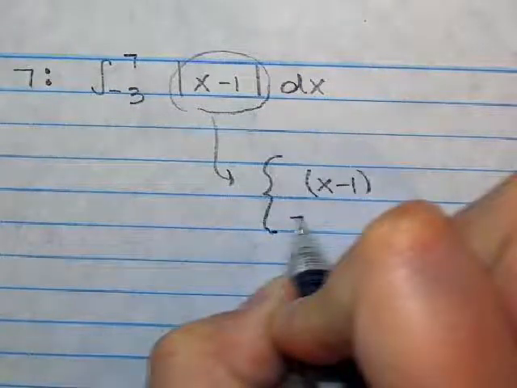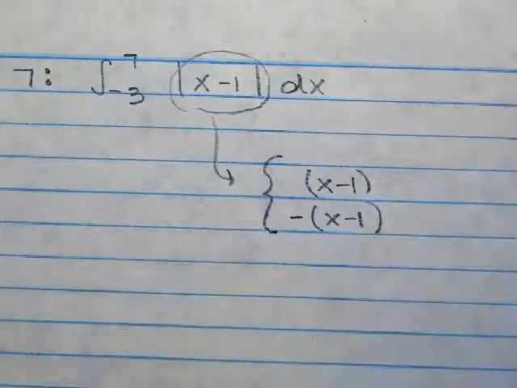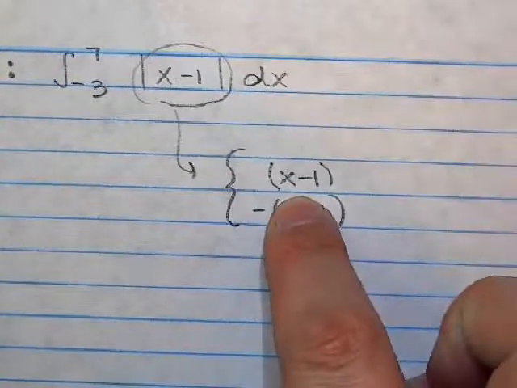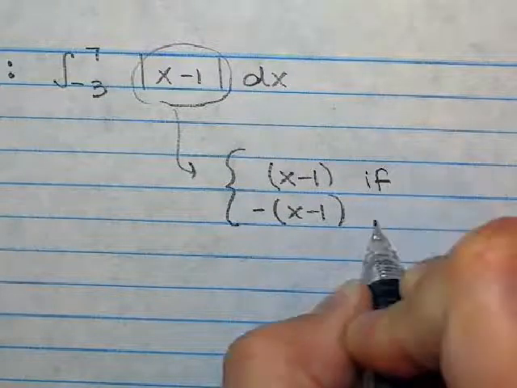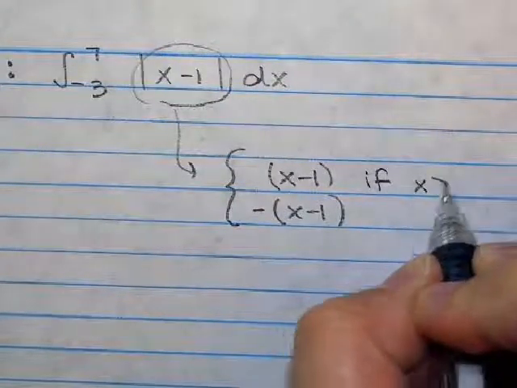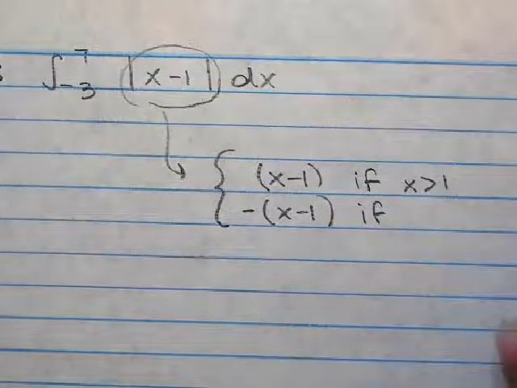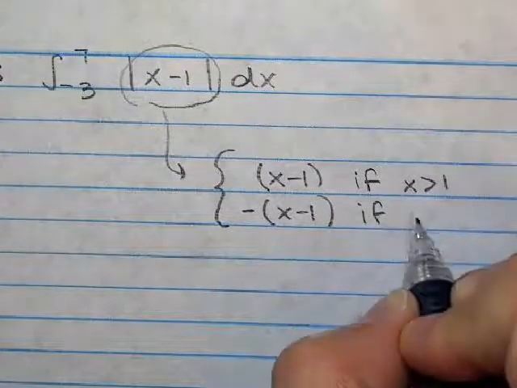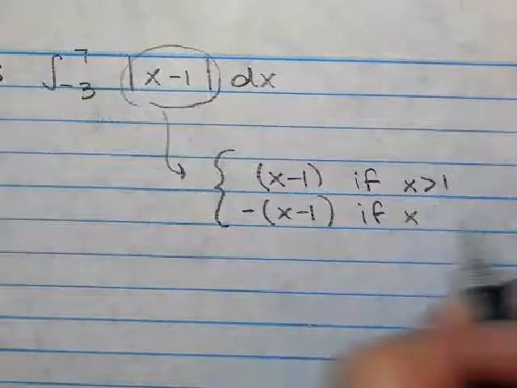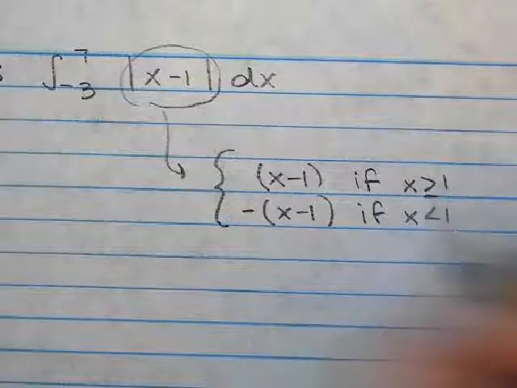Yeah, so positive version, negative version, okay? And then the positive version is if x is greater than 1, and this is if x is less than 1. One of them has to be equal, doesn't matter.